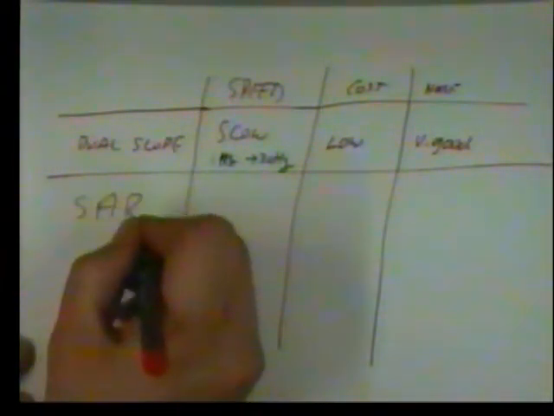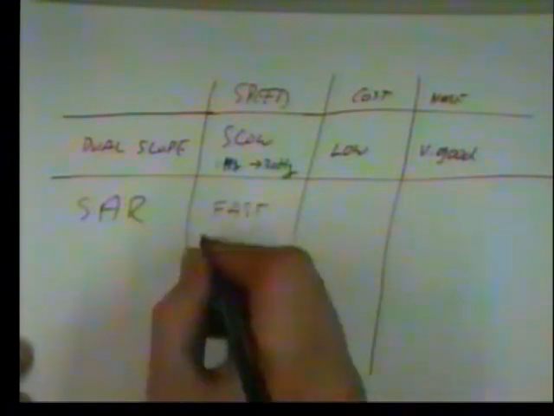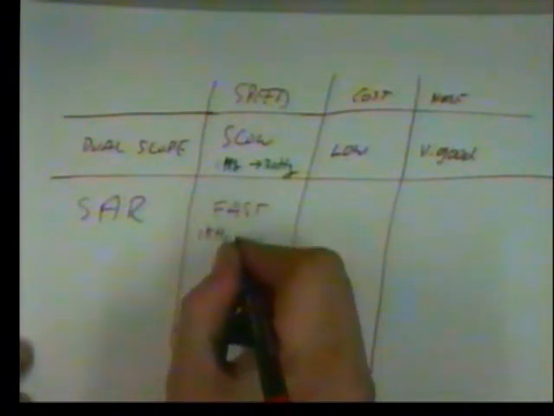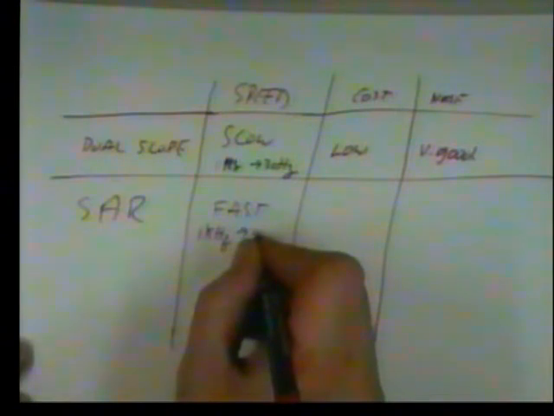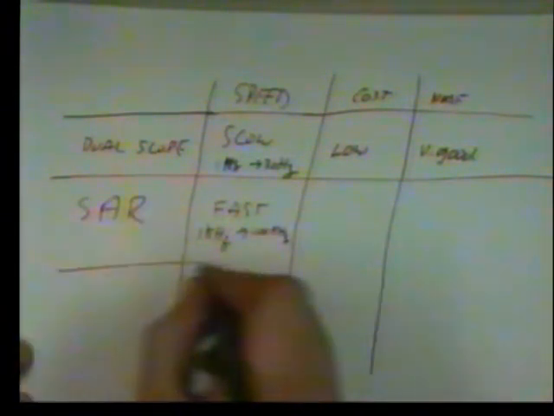What's nice about these things is that they are much faster. So if we now go back to our table, we have an SAR, and now we'll say that they are fast, typically 1 kilohertz to, oh yes, I've seen them at 100 kilohertz, but tens of kilohertz.